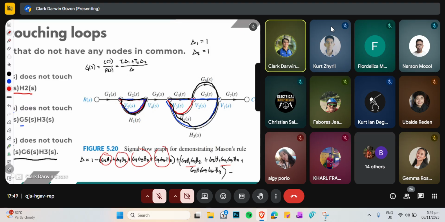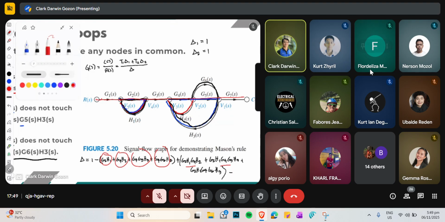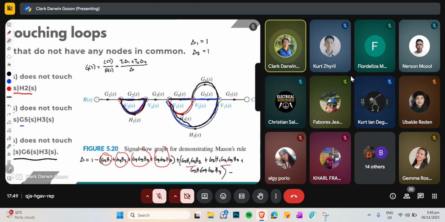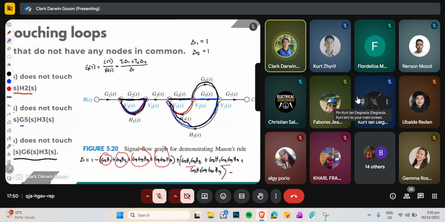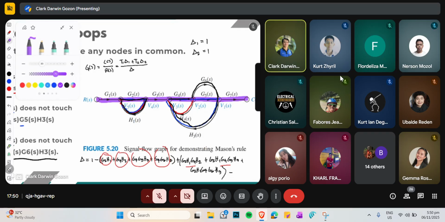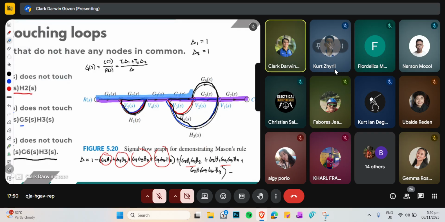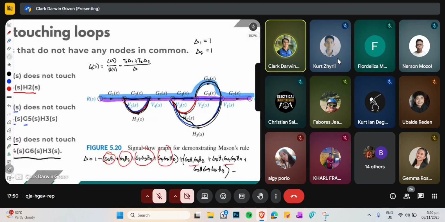Because they all touch the forward path gain, we eliminate them all from delta 1. So therefore, delta 1 and delta 2 are simply equal to 1.